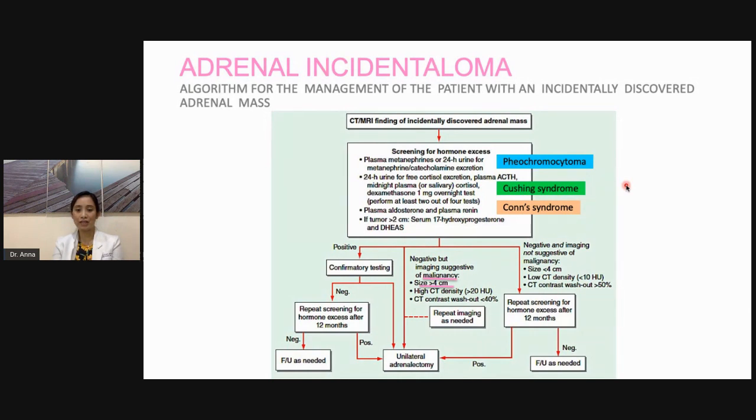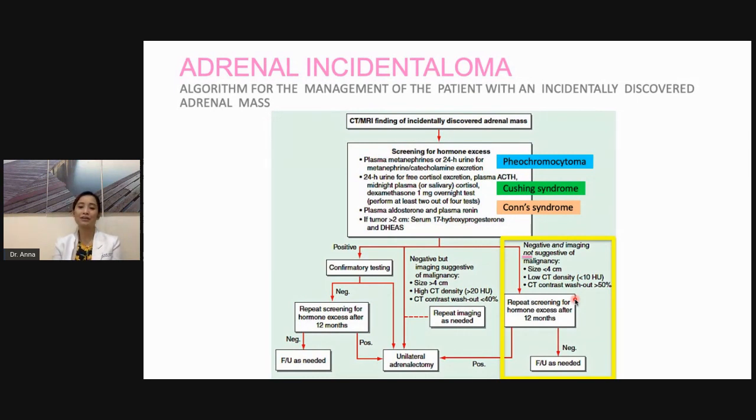If the screening test is negative and the imaging is not suggestive of malignancy, then you can just observe the patient. Just repeat the screening test after 12 months, repeat the imaging, and reevaluate if the tumor is growing.